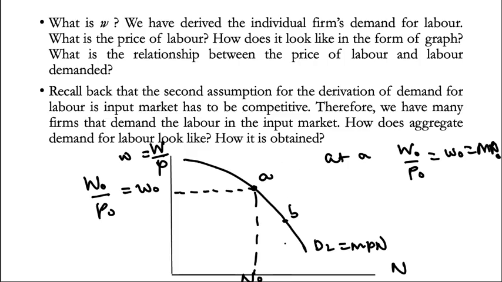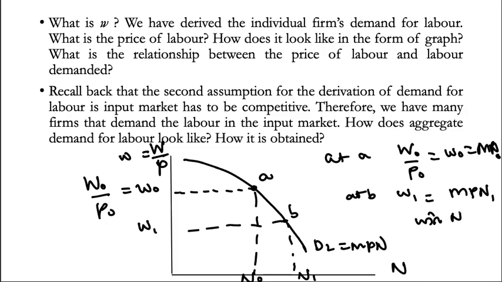If you have B, then you have w1 equals to MPN1 at N1 at B, with N1 demand. Okay, with N1 demand.